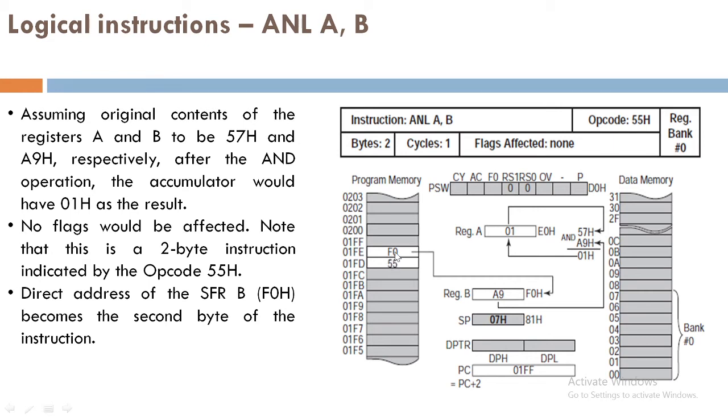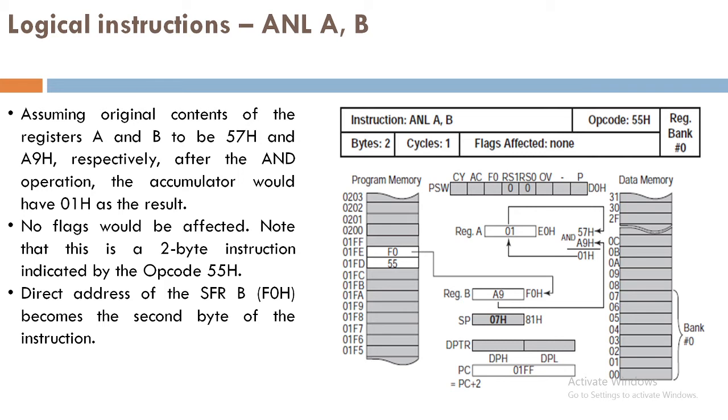Followed by F0 here means that it is the direct address of register B. Initially it has been assumed that register A and register B are having 57 and A9 respectively, and after the AND operation the accumulator will be having 01.